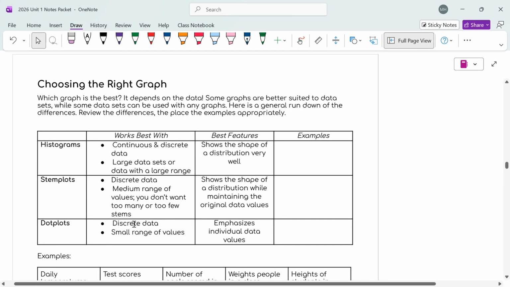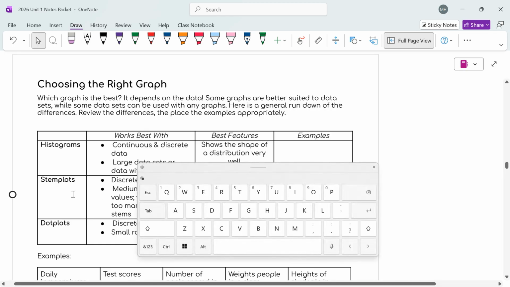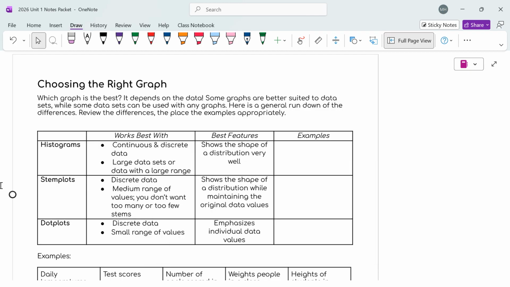Dot plots are great for discrete counting data with small values. Histograms are really good when you've got a lot of values and you want to break it up into intervals. Stem plots, you also like to have discrete data where you're counting so you're not trying to round very much or round off in big numbers. So take this into consideration when you're choosing which type of graph you want to use.